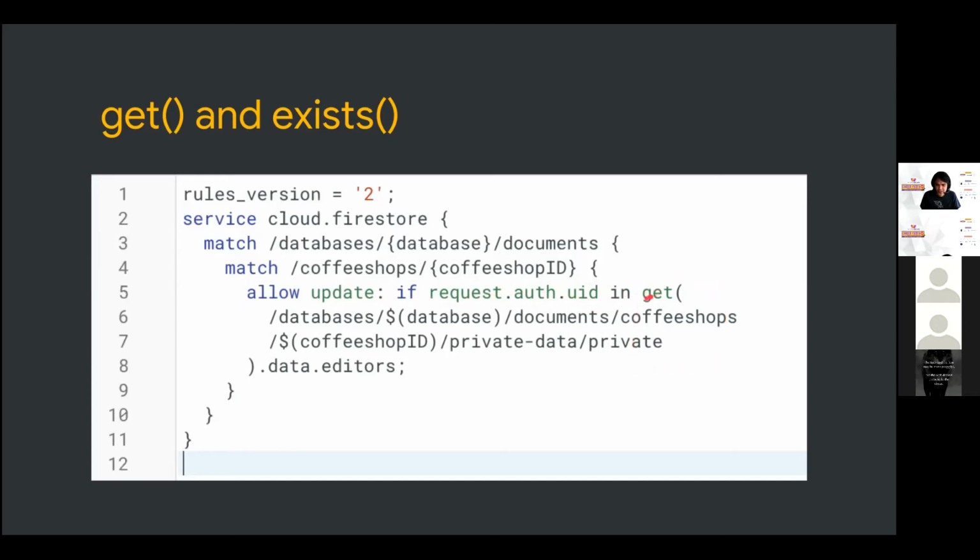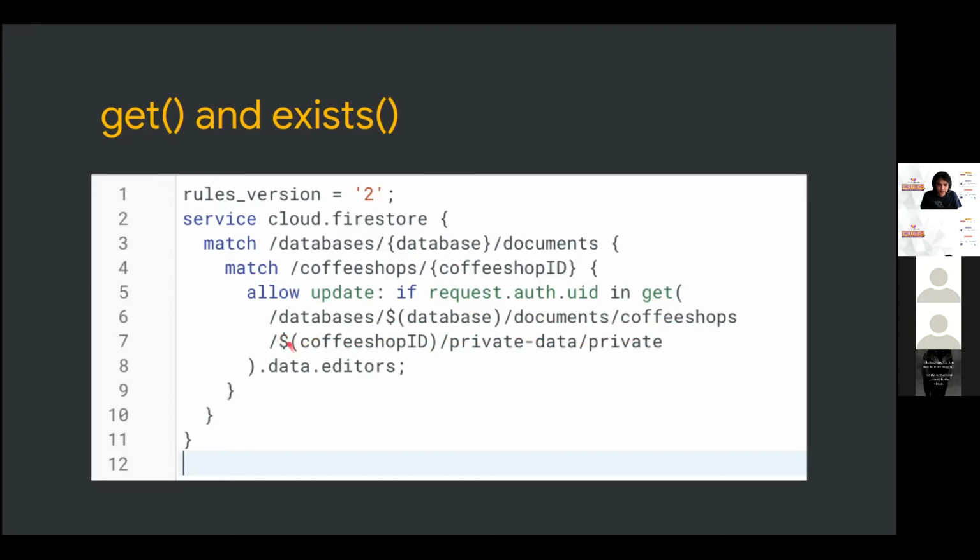Here we use the get function, and we pass in the path to the document that we want to check. One caveat here is we need to pass the complete path, which I don't really like because it's too long. So we pass the complete path to the private data, which would be slash databases, the database name, whatever it is, documents, shops, and here we interpolate the coffee shop ID, and then private data, and then the private document.